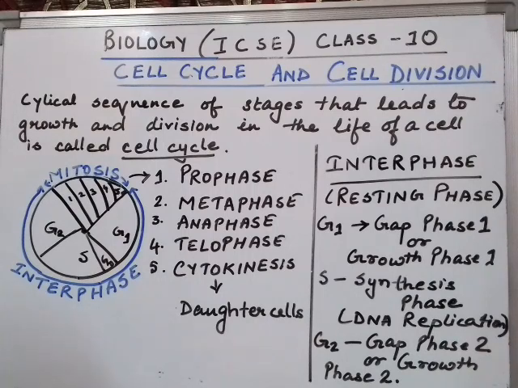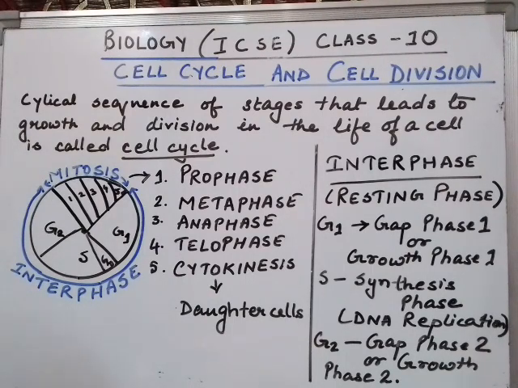So how does a cell grow, and what are the phases or stages that lead to the growth of the cell, and how the cell grows in number through division, that is replication of the cell, reproduction of the cell to produce the progenies, that is daughter cells.